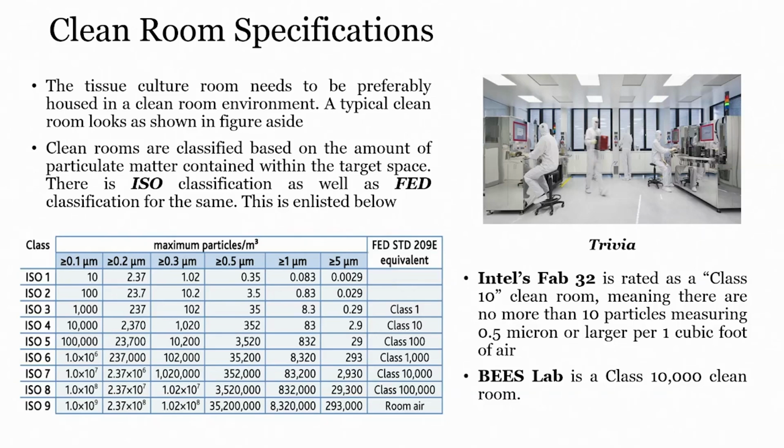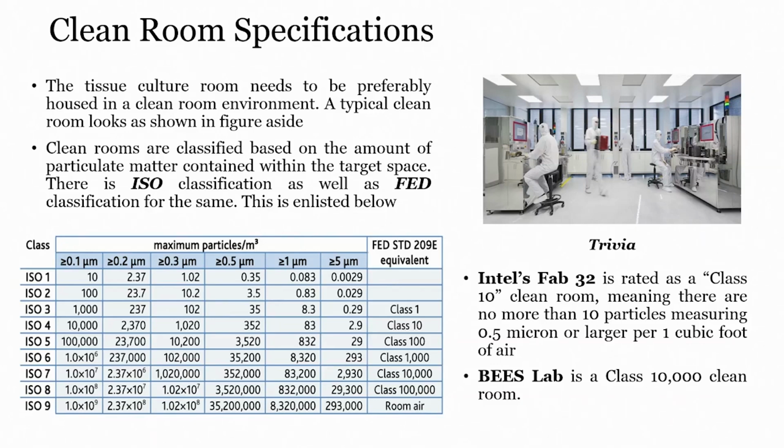A typical clean room looks as shown in the figure here. You can see that you have to wear a gown, right, to avoid any contamination. It is a typical clean room for fabricating devices. But we can work around if we have a class 10,000 clean room environment.